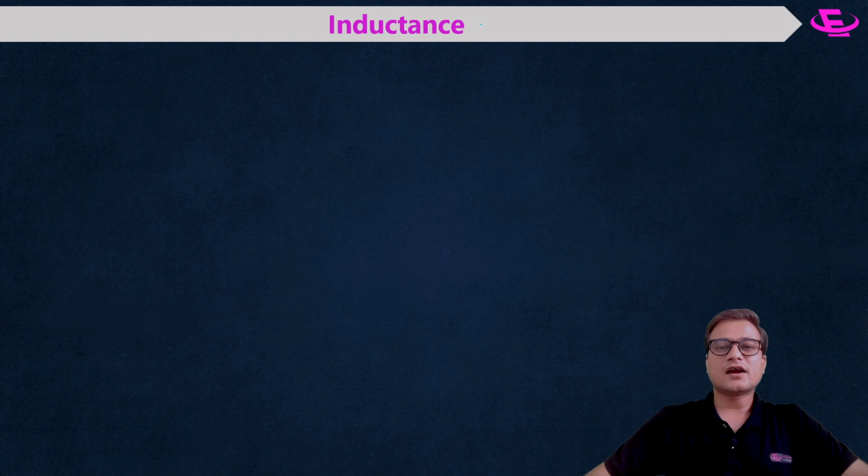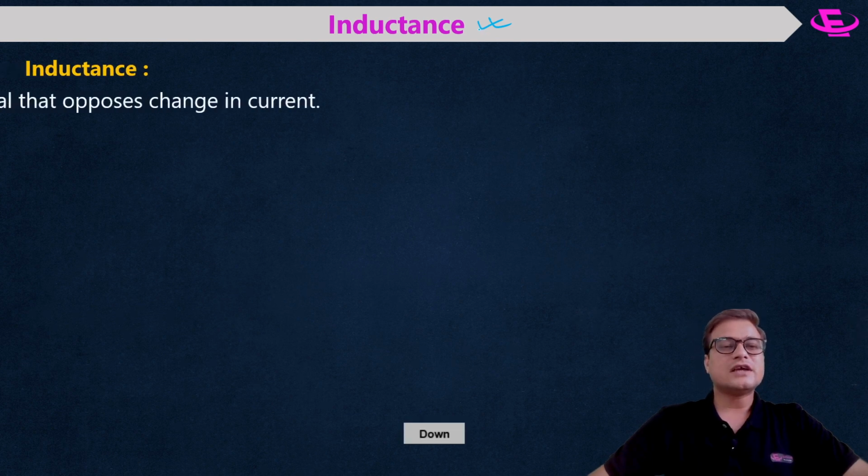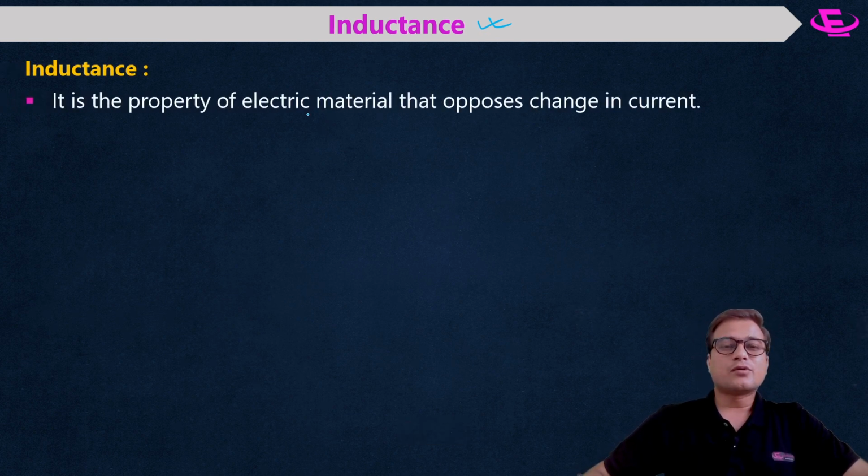Next is inductance. It's a very important topic. Here we'll also discuss why an inductor does not allow a sudden change in current, and that is very helpful for interview purposes also. So what is inductance? It is the property of electrical material that opposes change in current. What about resistance?